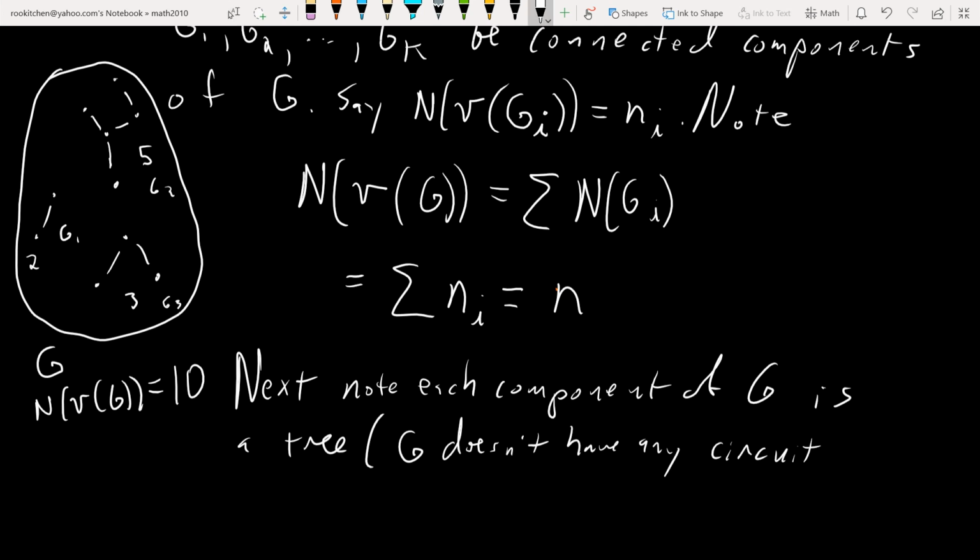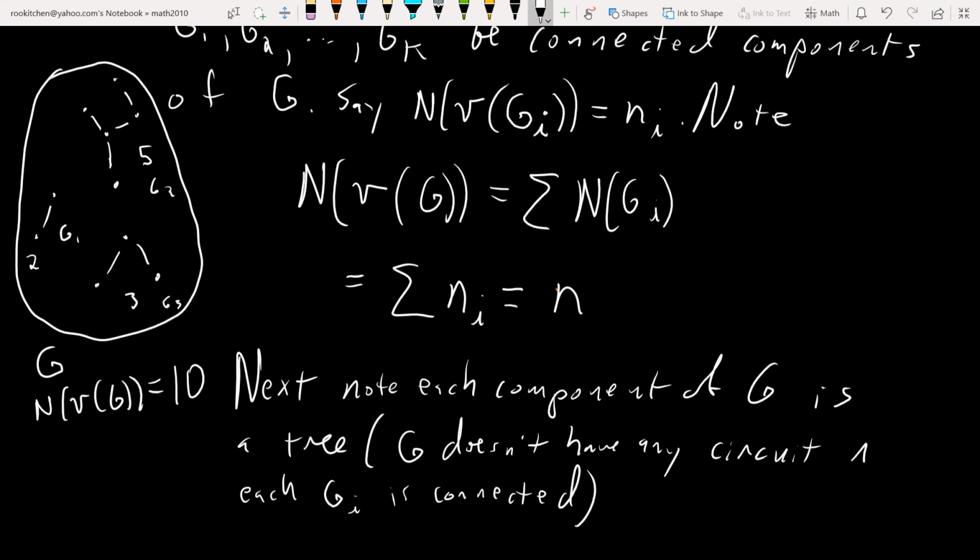So G1, G2, and G3, they're not going to have circuits either. And on top of that, what else? Well, they're all connected. These are all connected components. Each G sub i doesn't have any circuits, and each G sub i is connected. So that means each G sub i is a tree.